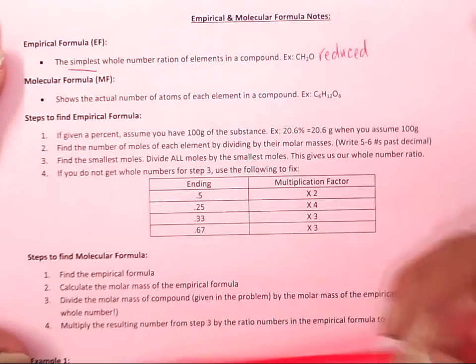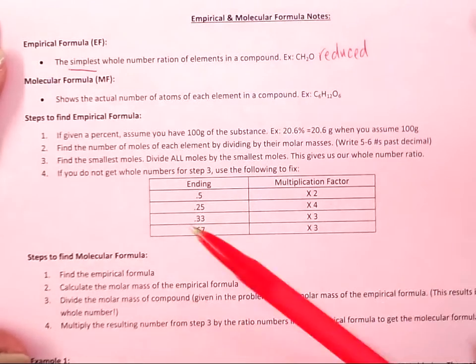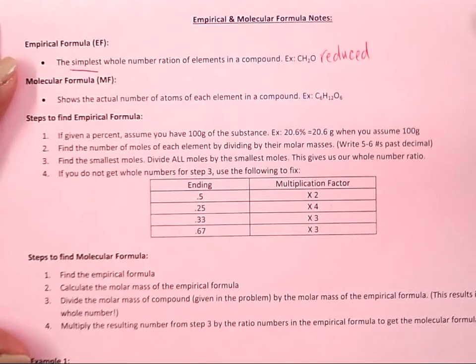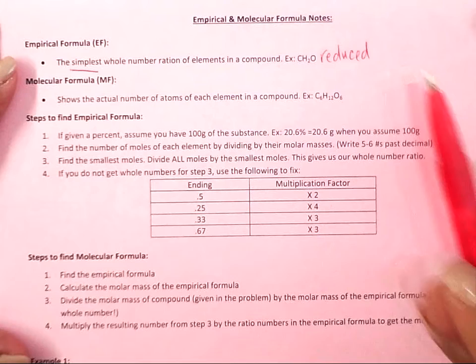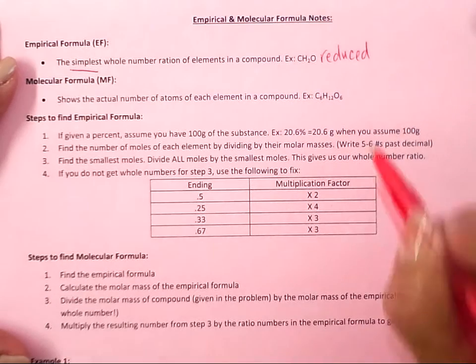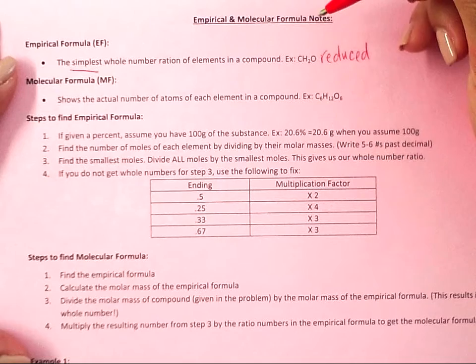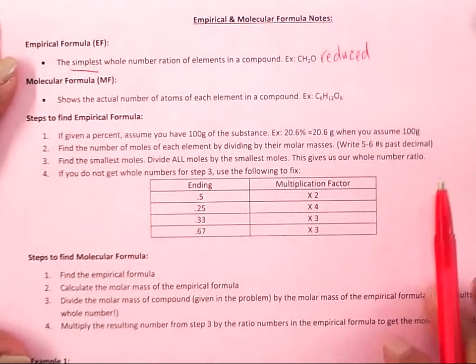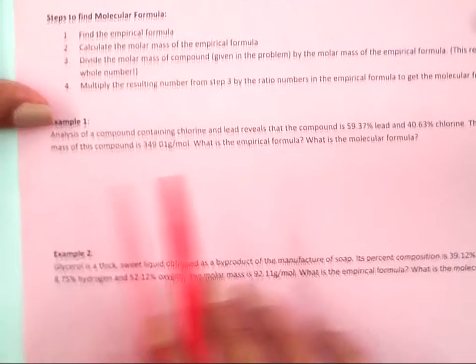And honestly, when you're doing your homework, it would be smart to just look at the steps if ever you forget. We are just going to jump into the example, and I think that will help you to understand the steps. Let's look at example number 1.